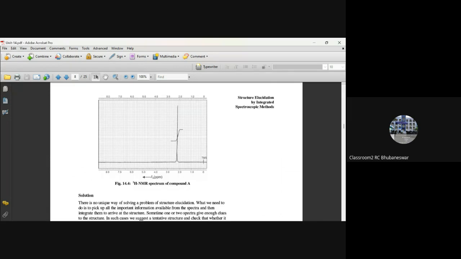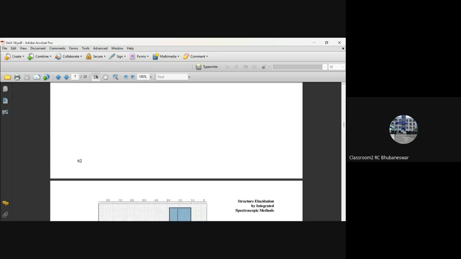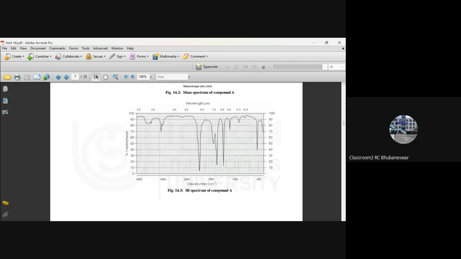In the NMR, around 2 to 3 you get one signal, and the TMS peak you get at 0, that is the reference peak. So here you are getting one peak only. Keep in mind that one peak.